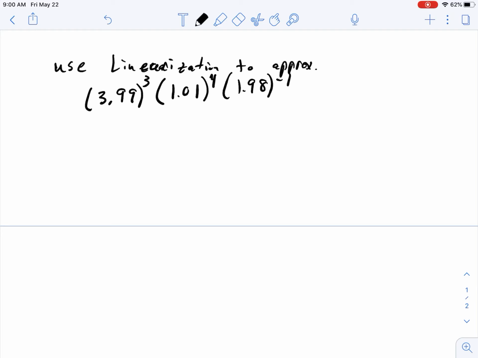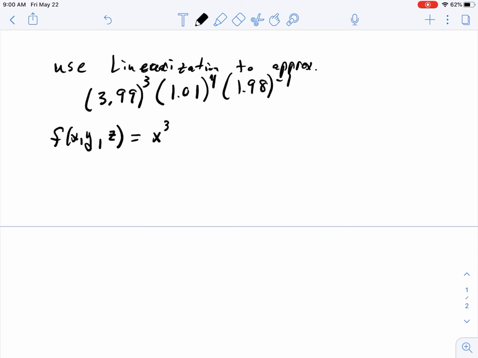Let's say I don't have a calculator to do this, so I want to come up with a little bit easier way than multiplying all that out. I'm going to do the same thing and come up with an equation of f of x comma y, but I have a third variable, so I'm going to add another letter: x, y, z.